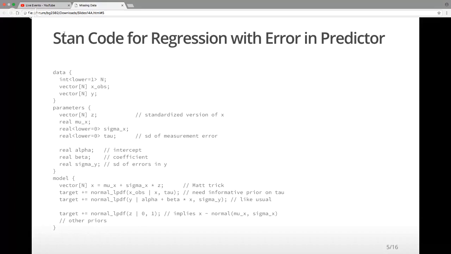It may be the case that this thing doesn't vary that much from person to person, in which case sigma x would be small. But we may measure it very badly for everybody, in which case tau could be big, and our observed values of x are very spread out, not because that's the way people actually are, but because our measurement is not that good.